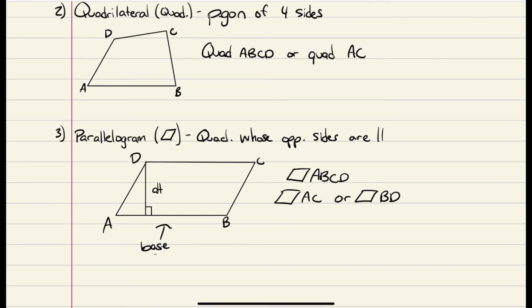There we go. Some may put it from any point on the opposite side. You could have a point, I don't know, N here. Let's make it capital. Usually, it's going to come from a vertex of the quadrilateral. So that would be called the altitude, a line from a vertex to the opposite side, and it's perpendicular to that opposite side.